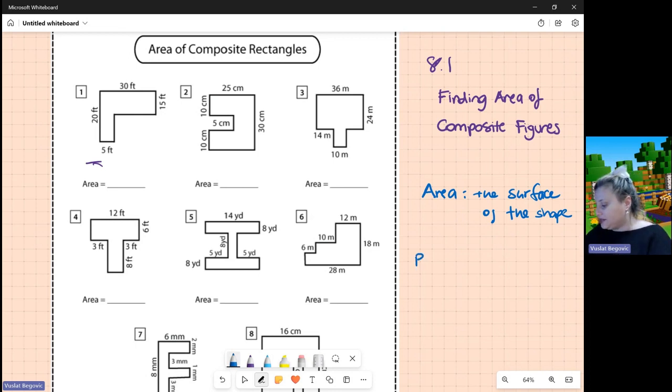And then perimeter. I know I say this one funny, but what can we do? I have an accent. So perimeter is the distance around the shape. In real life, where do I use this?